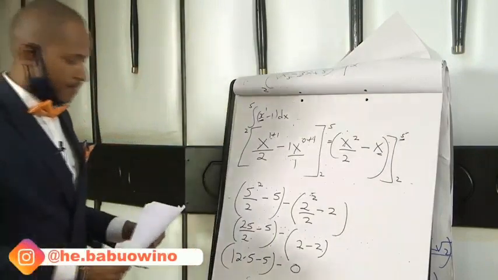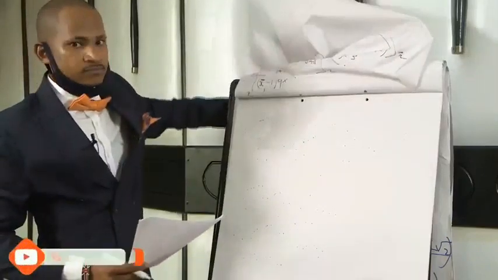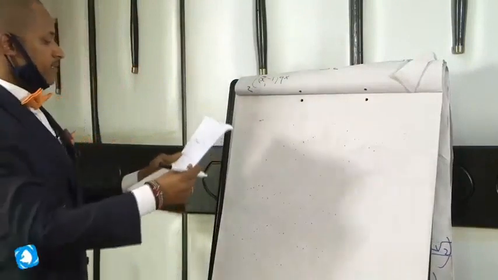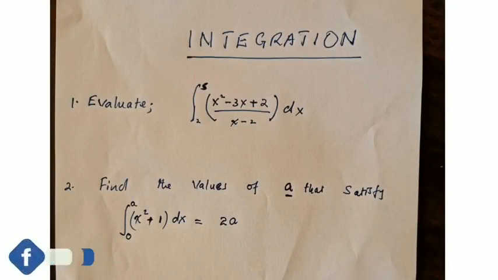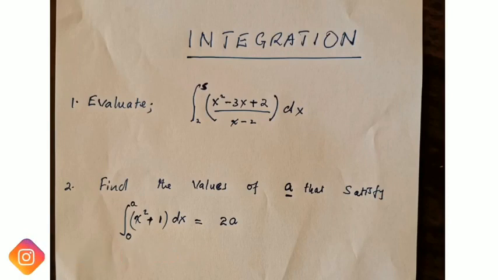Finally, find the value of a. That's question number 12. Find the value of a that satisfies the integral with limits a and 0 of x squared plus 1 dx equals 2a.